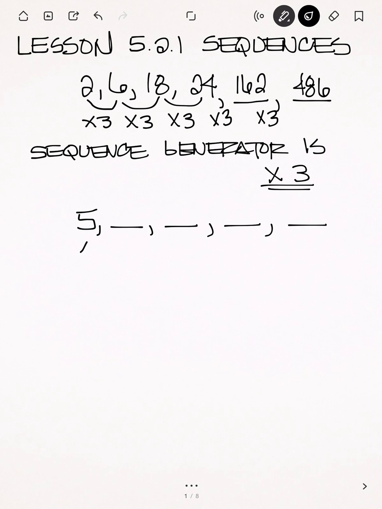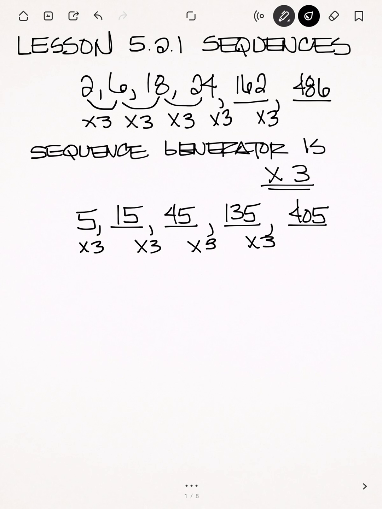So 5 times 3 would be 15. 15 times 3 would be 45. 45 times 3 would be 135. And 135 times 3 would be 405. So you can see how to use your sequence generator to find more terms in your sequence.